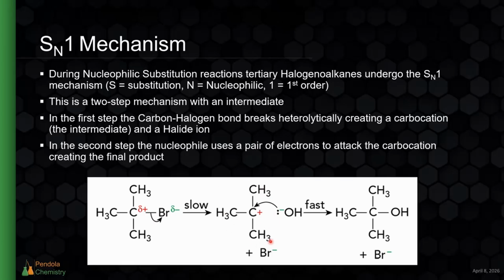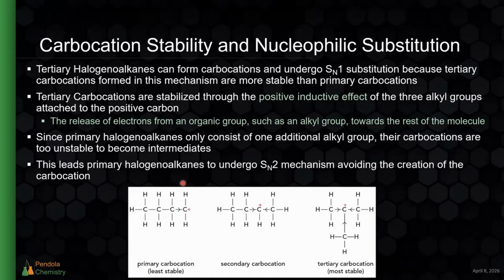And that's okay because that tertiary carbocation created is more stable than our primary carbocation. And that's why tertiary halogenoalkanes undergo SN1 mechanisms, which create carbocations, and primary halogenoalkanes undergo SN2 mechanisms, which avoid the carbocation.